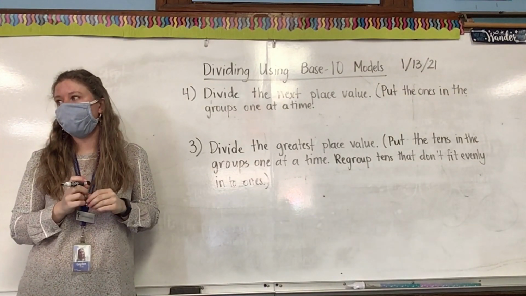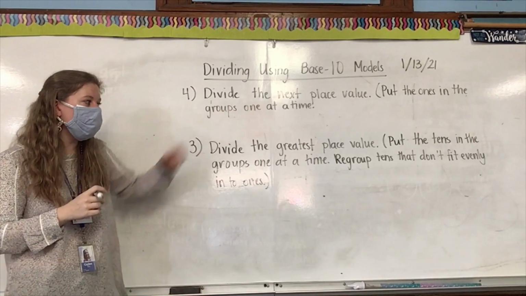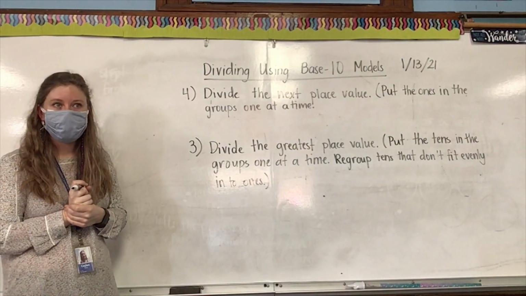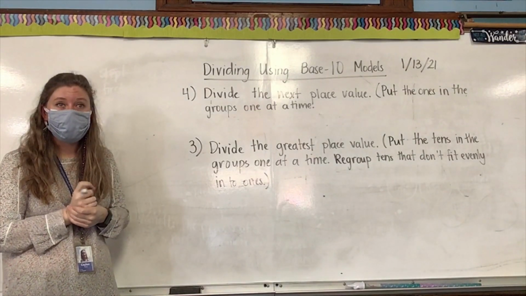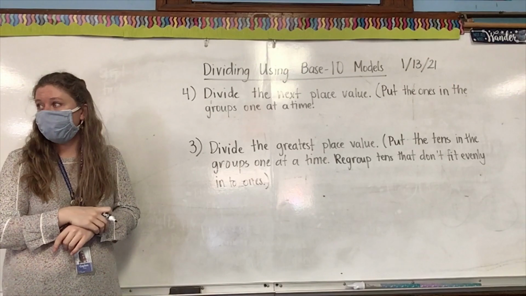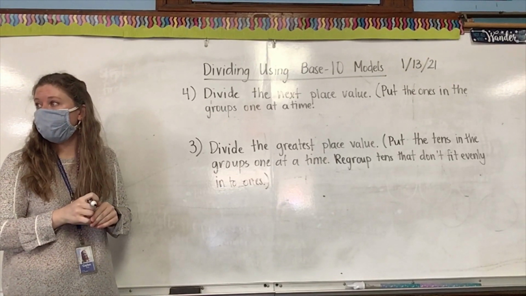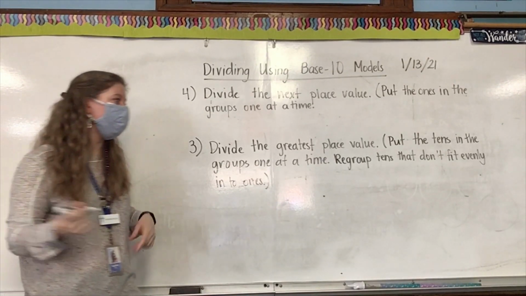Victoria. It's our remainder. So how can we write that in a sentence? We can start with ones that don't fit evenly. The ones that don't fit evenly are the remainder. There we go.